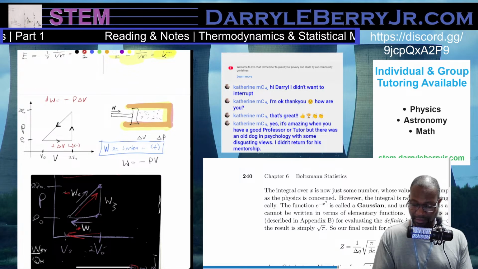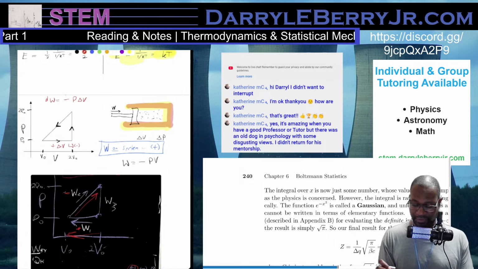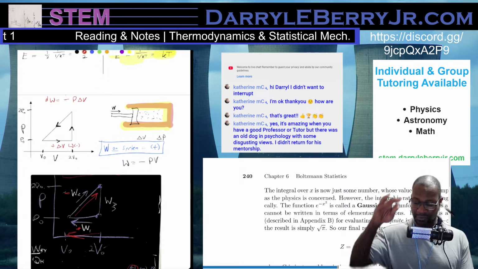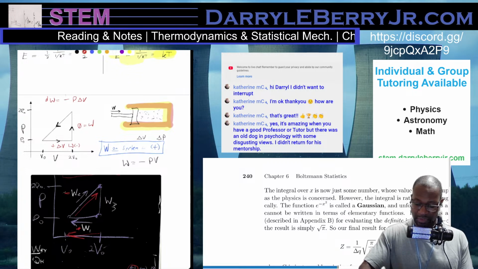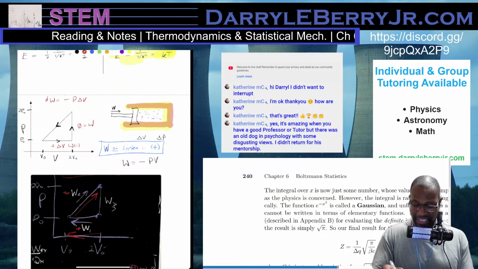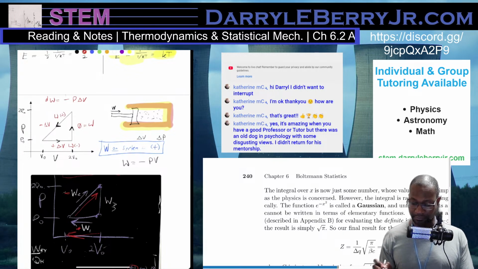So I guess technically, I don't even want to think about it. I was about to start fiddling around with this negative thing. But overall, if the volume increases, the system is pushing out, so work is negative. Here, the volume is staying the same, so work is zero. And here, the volume is decreasing. There was a negative change in volume, so work is positive.